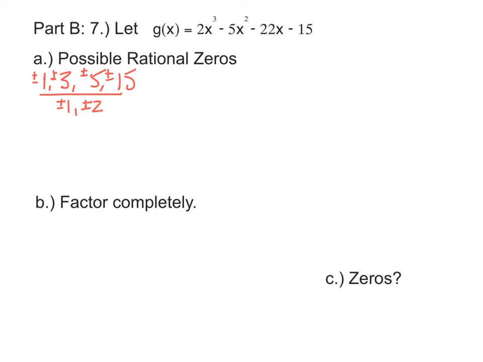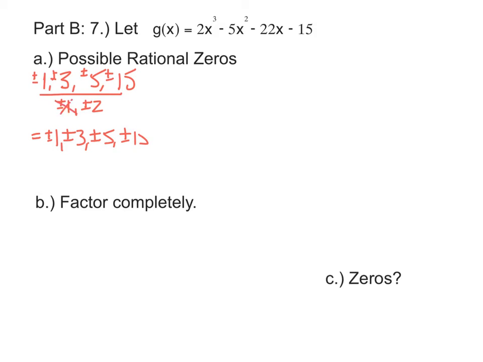Now the way we've listed it out is a nice way to organize our thoughts initially, but it's not a list of possible rational zeros. What we have to do is actually list them out as actual numbers. So I'm going to go through and let the denominator of every term in the numerator be 1. So 1 divided by 1 is 1, and we'll have plus or minus 1, plus or minus 3, plus or minus 5, and plus or minus 15.